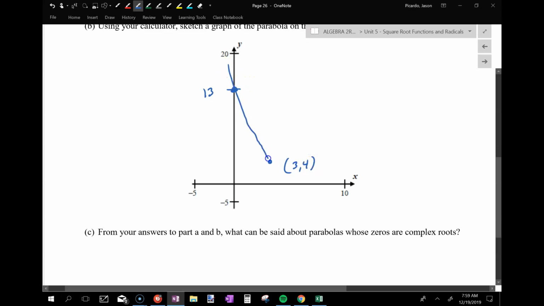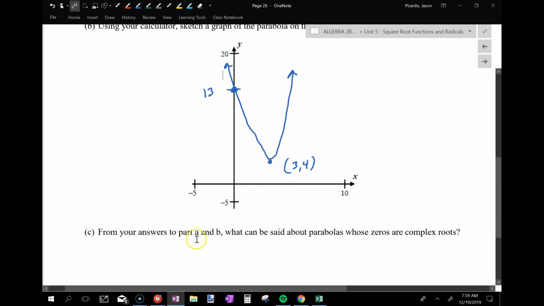And it looks kind of like that. Got the y-intercept, I got the minimum. There are no roots. If there were roots, those would be really important to get. But there aren't any. Oh, hang on a minute. There aren't any real roots. There were roots, they were just imaginary. That's why I can't see anything here.